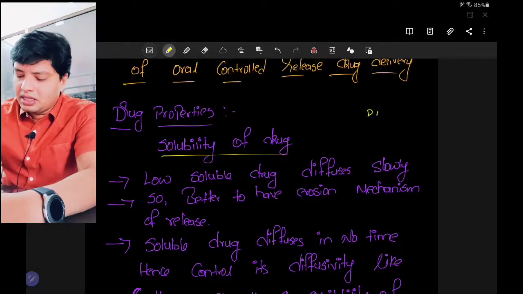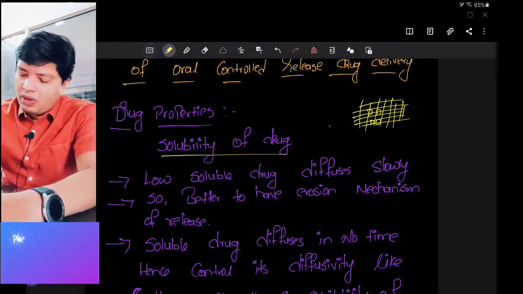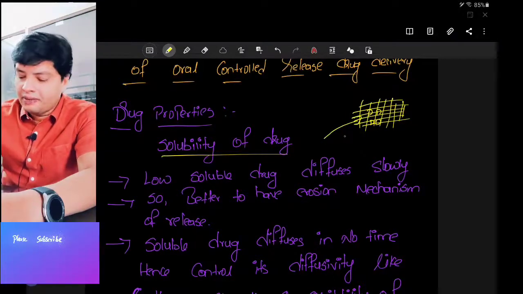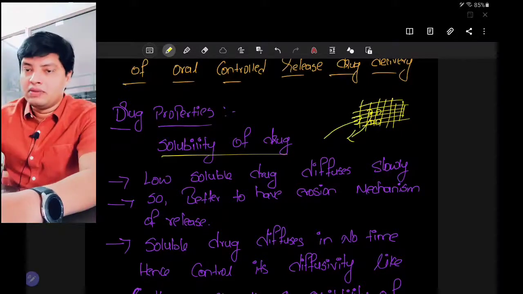These are the drug particles present in the tablet, and these are the polymers. When this tablet interacts with the GI content, it hydrates the polymer system, and the drug solubilizes in this polymer system and comes out.